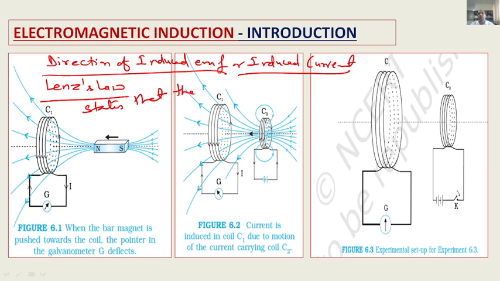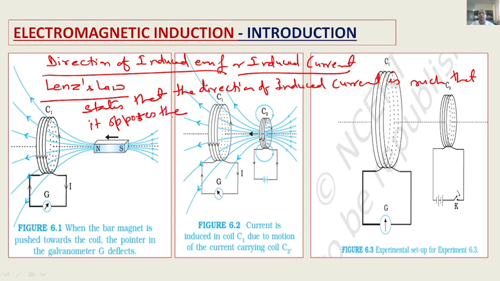the direction of induced current is such that it opposes the cause which generates it.